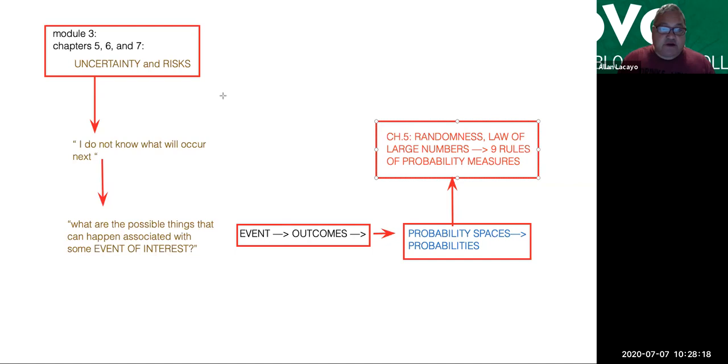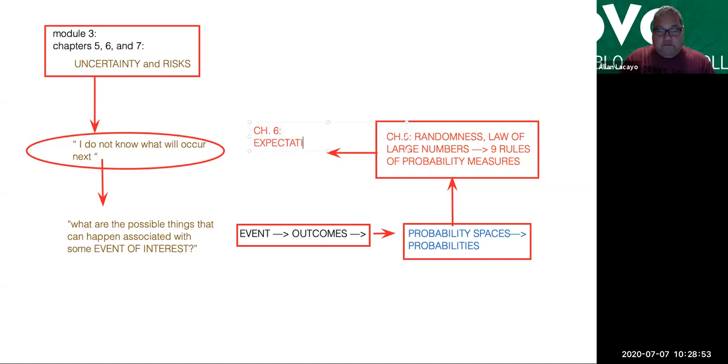Probabilities will then give rise to our reaction to the issue of, I don't know what's going to happen next. Our immediate logical reaction to situations where we are uncertain about what will happen next is to do something that is called developing expectations and deviations from expectations.